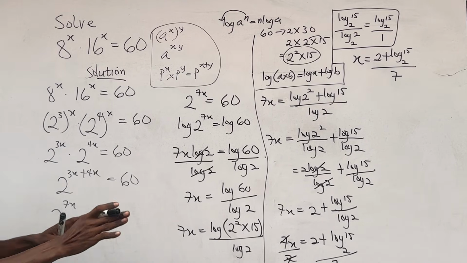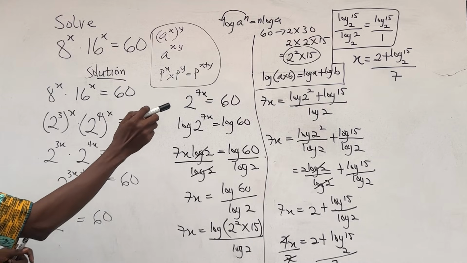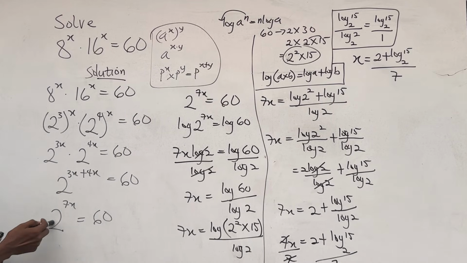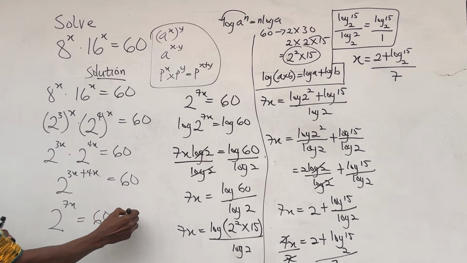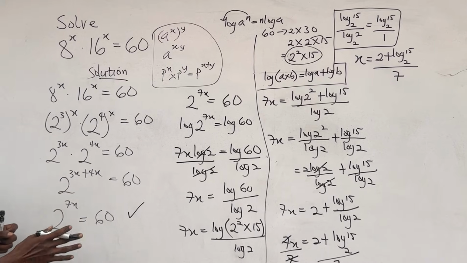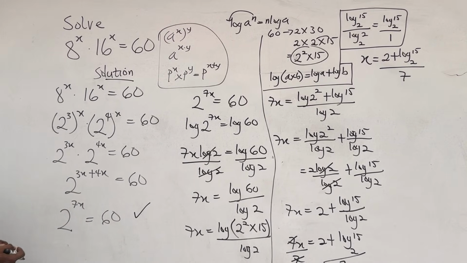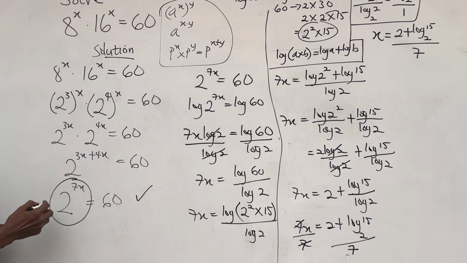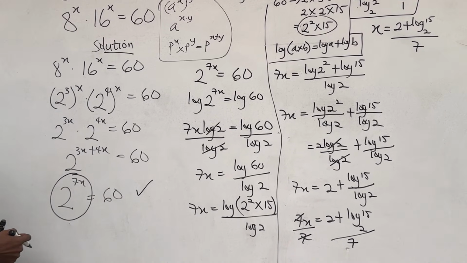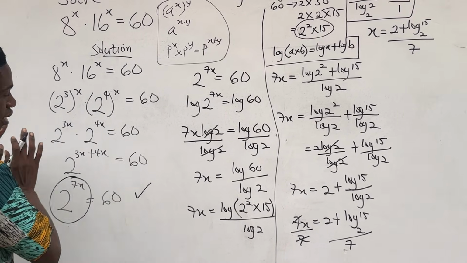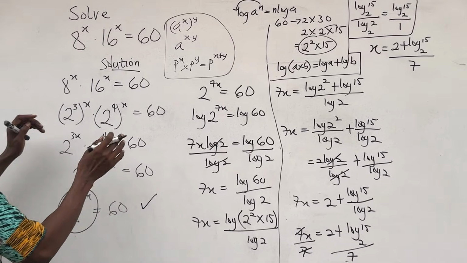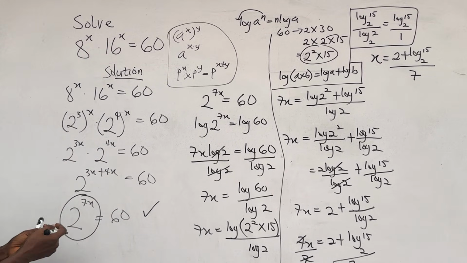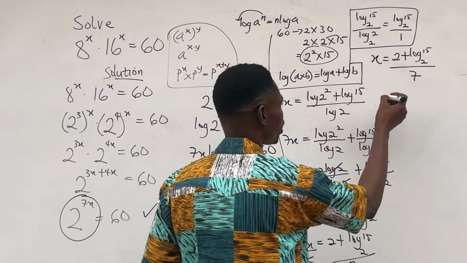To make it easier for us, I'm going to place that value from here so that we can save time, as we don't have enough space left. So I'm picking the left hand side now. I'm ignoring the 60. So let's see if what we have on the left hand side will give us 60. So let's try it. So check.